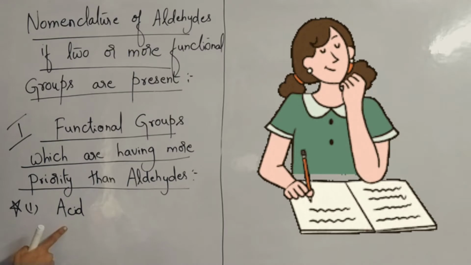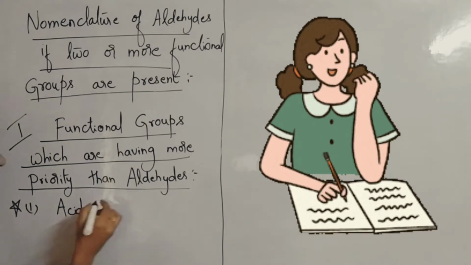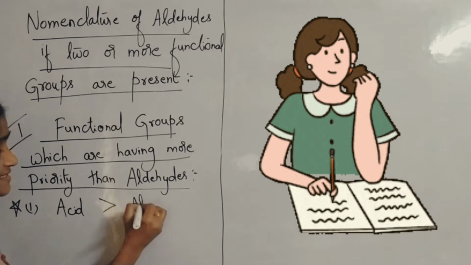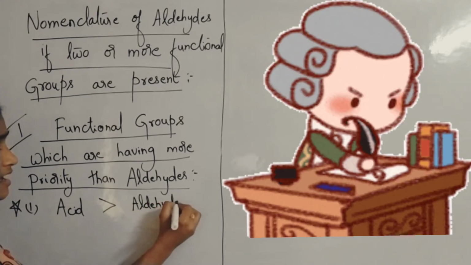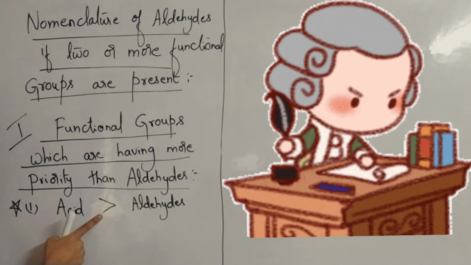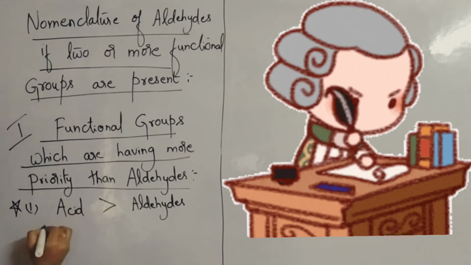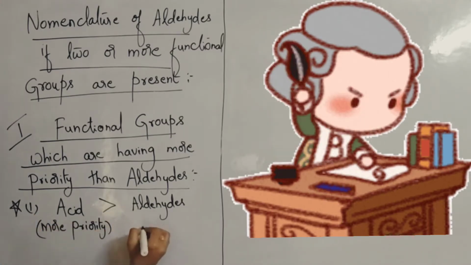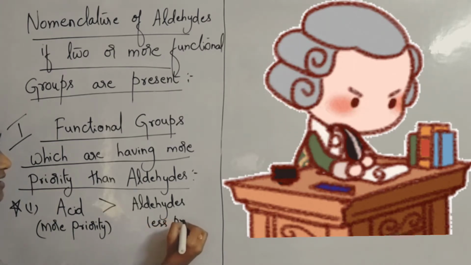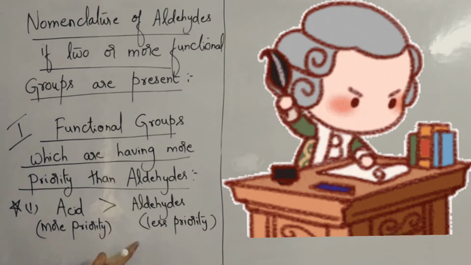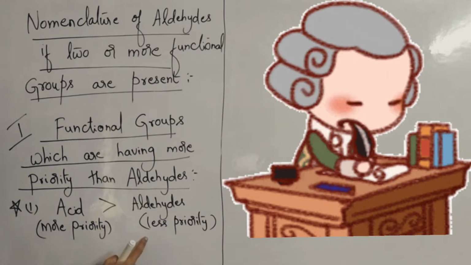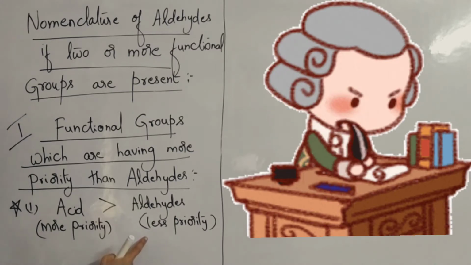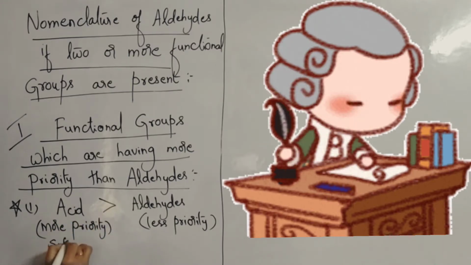If an acid functional group is present in a compound, acids have more priority than aldehydes. I'm giving a greater than symbol: acids are more priority, and aldehydes are less priority. So if two functional groups, one acid and one aldehyde, are present in a given compound, you have to give the suffix for acids.